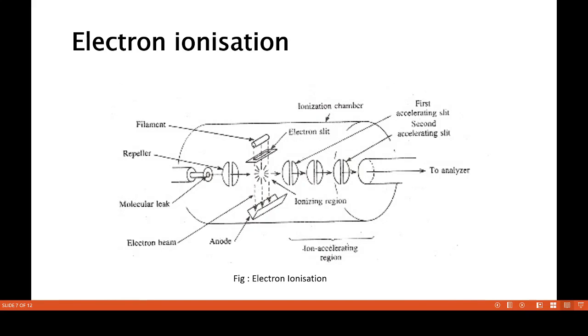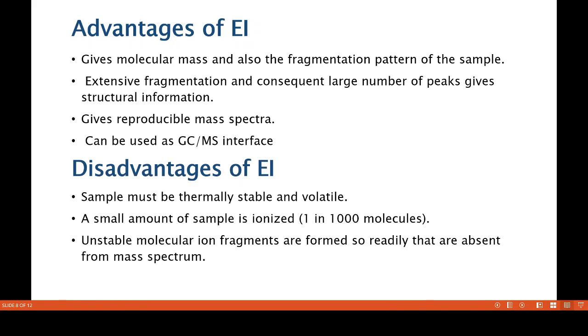Then we see the advantages and disadvantages of electron ionization. The first advantage is that this technique gives the molecular mass of the unknown compound, and also gives the fragmentation pattern of the sample.